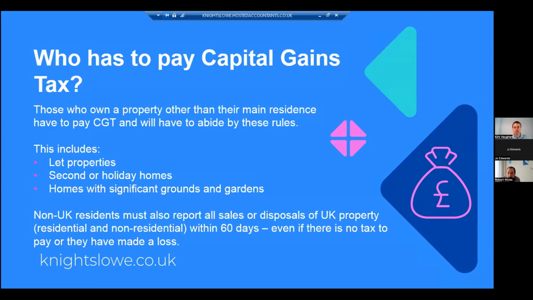I said before that any UK residents who haven't made a taxable gain don't have to do this return on that particular disposal of the property. If you're a non-UK resident, you don't have a choice, you have to do it. And it's an online system, another online system, which is quite difficult to navigate.